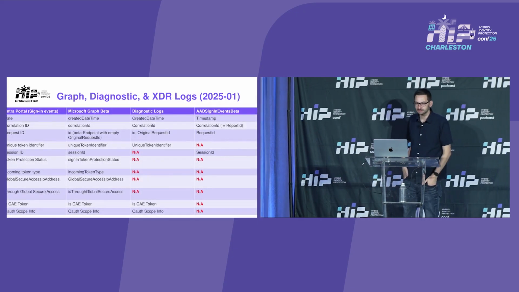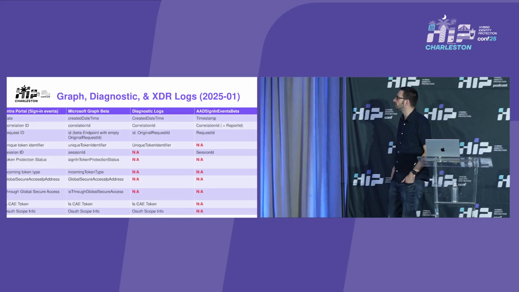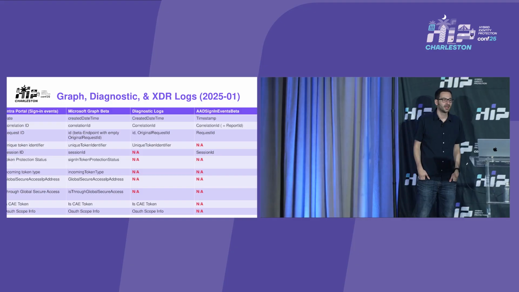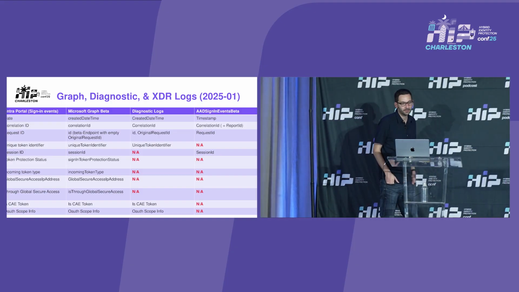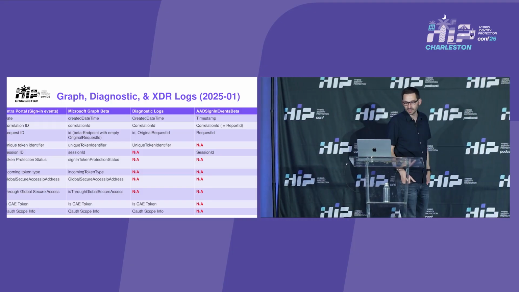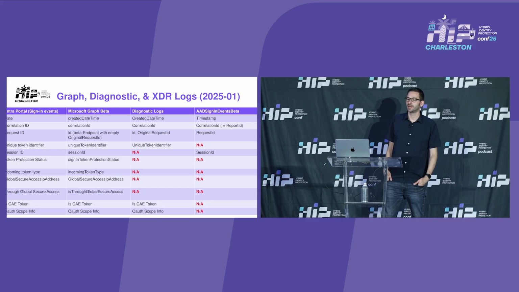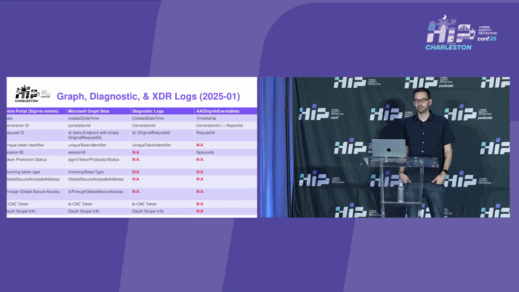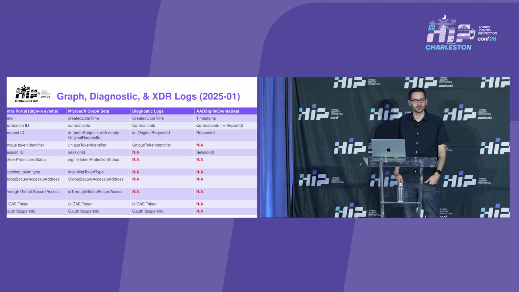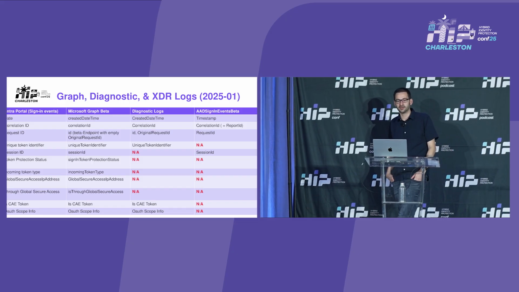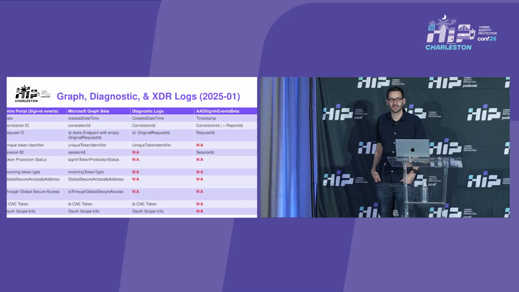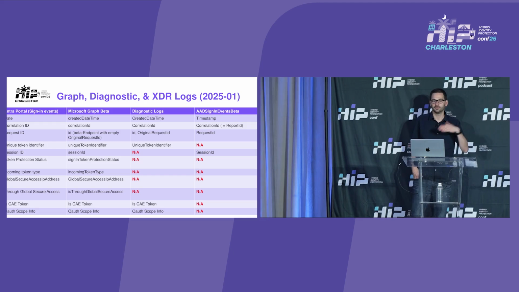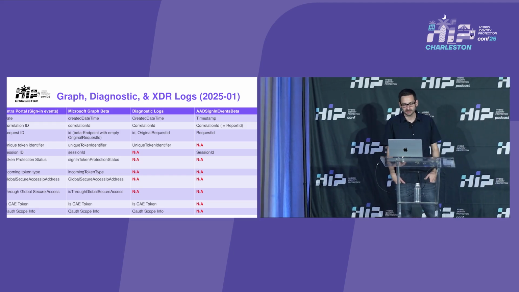So back to the question: what are the sources where I can get all the details? I've spent a year on deep-dive research on this topic. I started in January this year, and I figured out that it's great that we have all the details in the portal and also in the Graph beta, but it's not available in the diagnostic logs, so not in everything that we can forward to Sentinel or third-party teams.